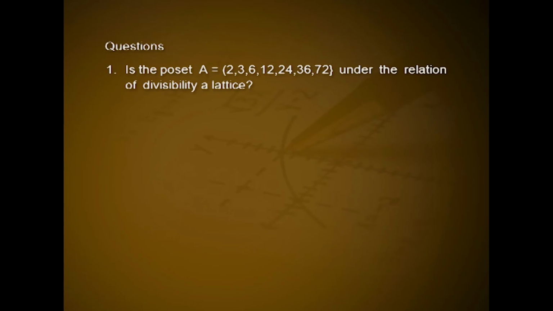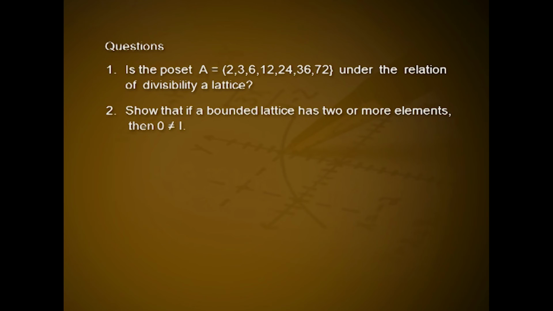Here are some questions which are provided for testing yourself. First one, is the poset A equal to the set 2, 3, 6, 12, 24, 36 and 72 under the relation of divisibility a lattice? Second one, show that if a bounded lattice has 2 or more elements, then 0 is not equal to I. Third one, show that the lattice Dn is distributive for any n.